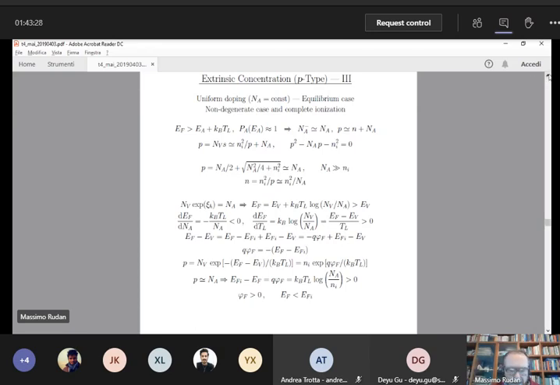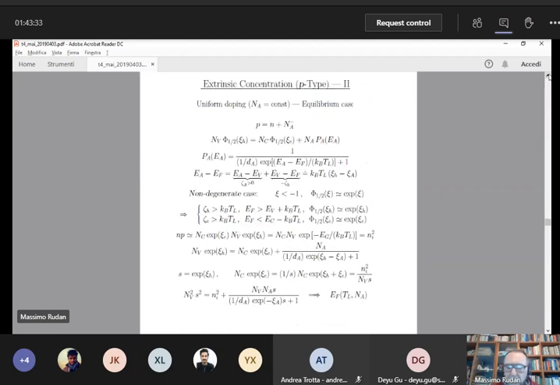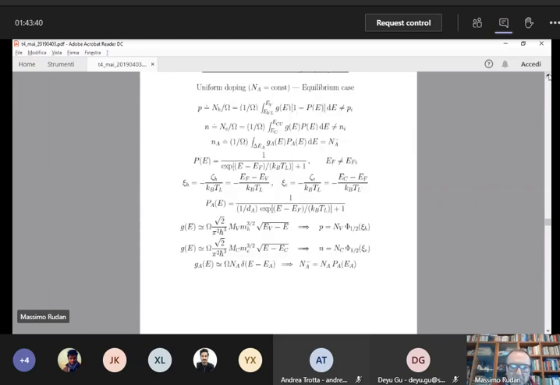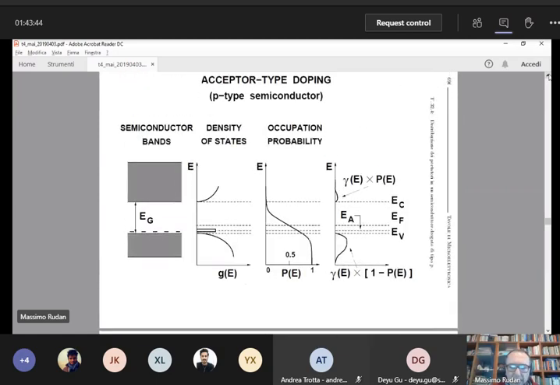What happens in a p-type semiconductor when we change either the temperature or the concentration of the acceptors? If we keep the temperature constant and we increase the concentration of the acceptors, EF shifts downwards.